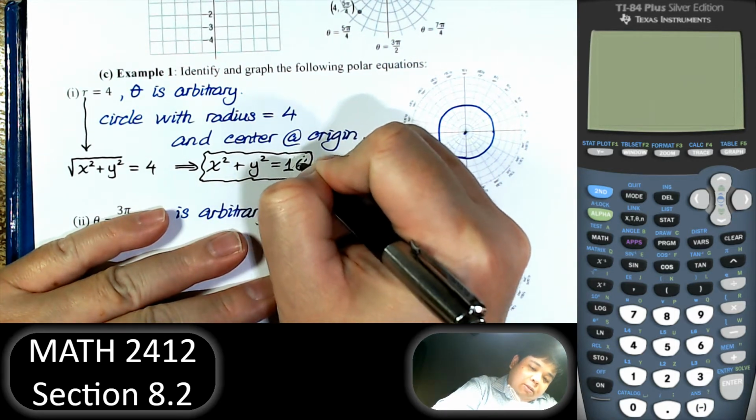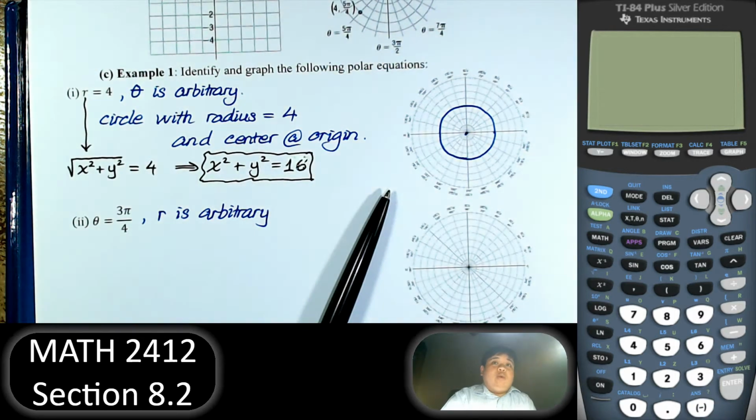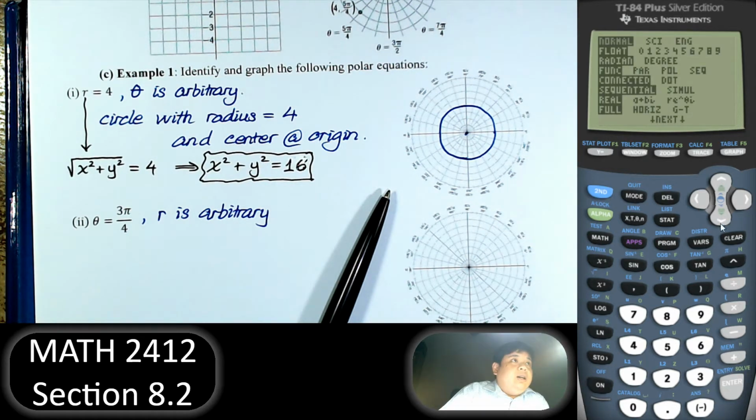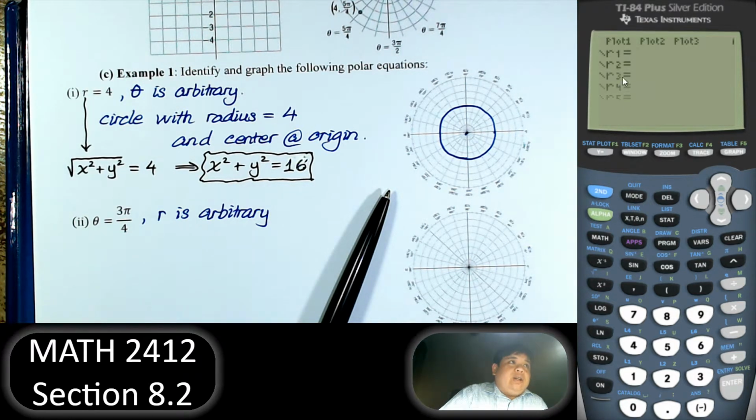Now, if we want to graph in polar coordinates, hit mode, go to polar. Function, parametric, polar, sequence. We're going to go to polar and enter. That's it. When we hit y equals now, it will show in polar. So r equal to 4.